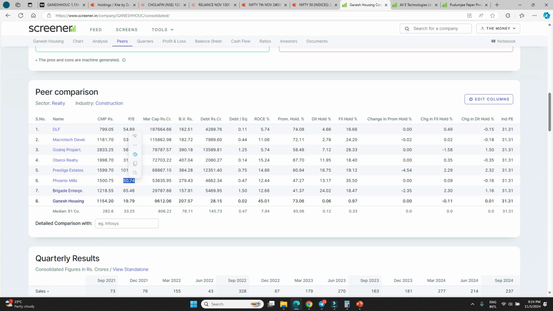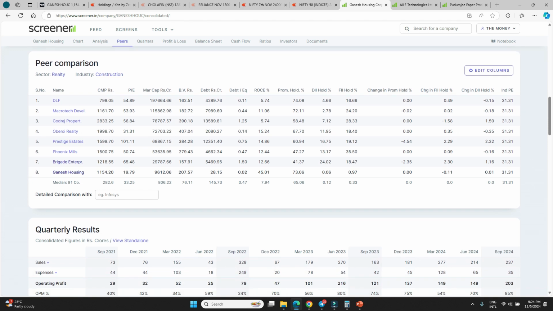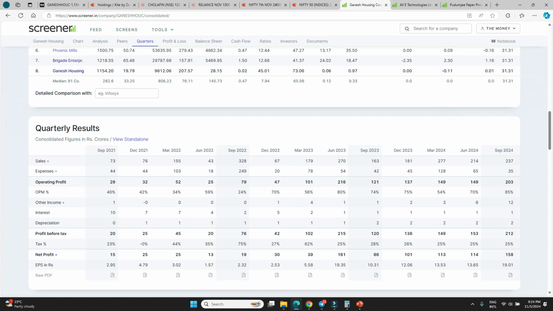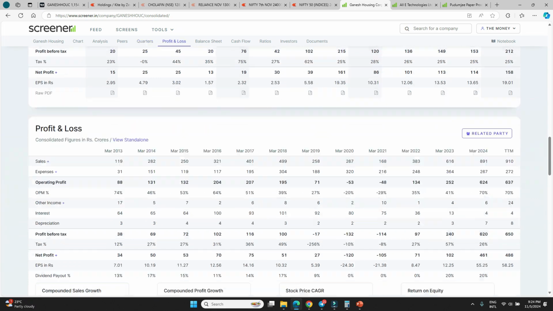Phoenix Mills is also trading more than 40%. Brigade is also trading more than 50%. See, 100%, right? Like this, if I see, this is trading at a 40% discount level. So compared to all these stocks, I feel Ganesh Housing has the lowest PE value, trading at a reasonable price with respect to my analysis. Now that gives me extra support.